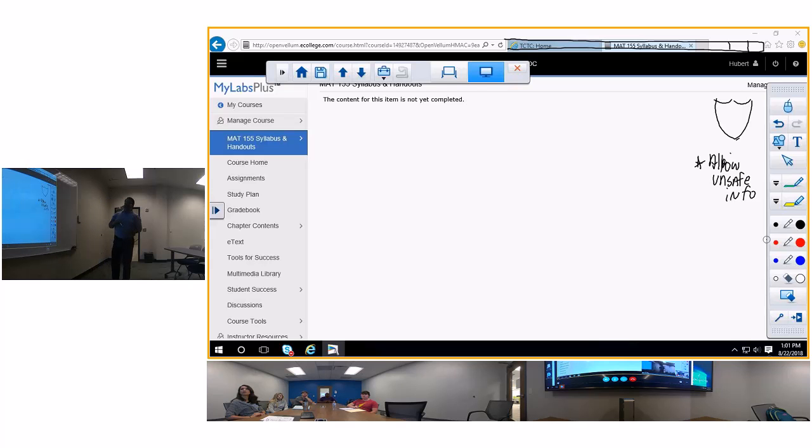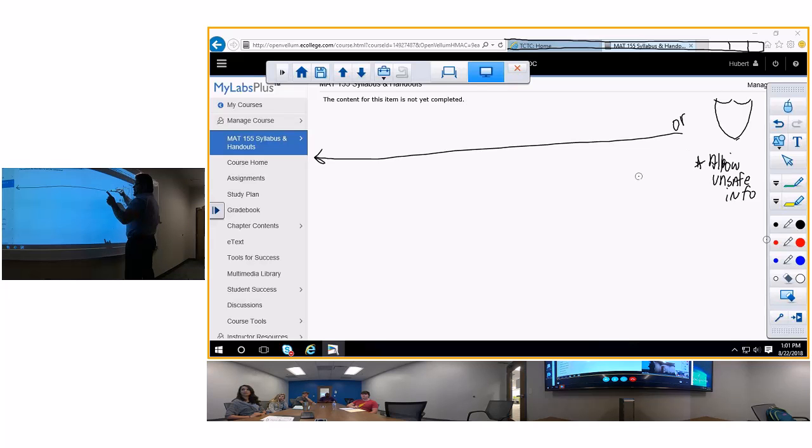Now, one of two things will happen after you do that. If you hit allow unsafe info, it might go directly to this. But there's another thing. Or, if it doesn't go all the way to that, you're going to see a red X appear. It's like a piece of paper and then a red X in it.